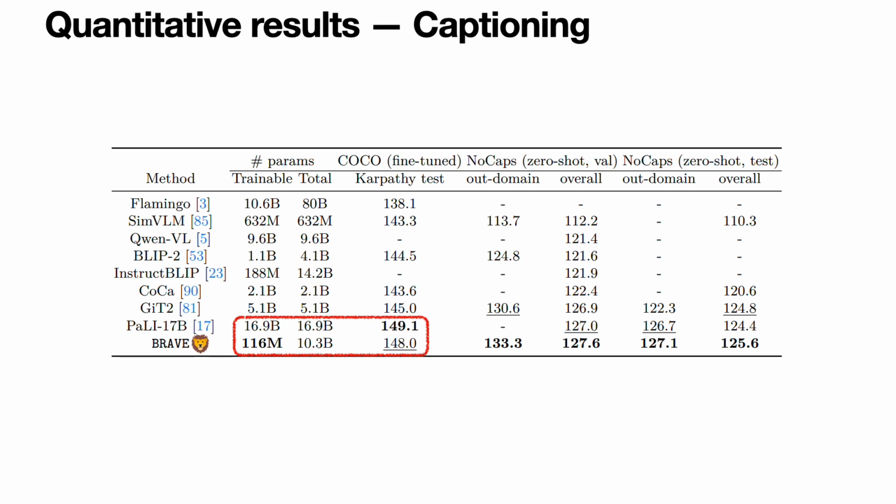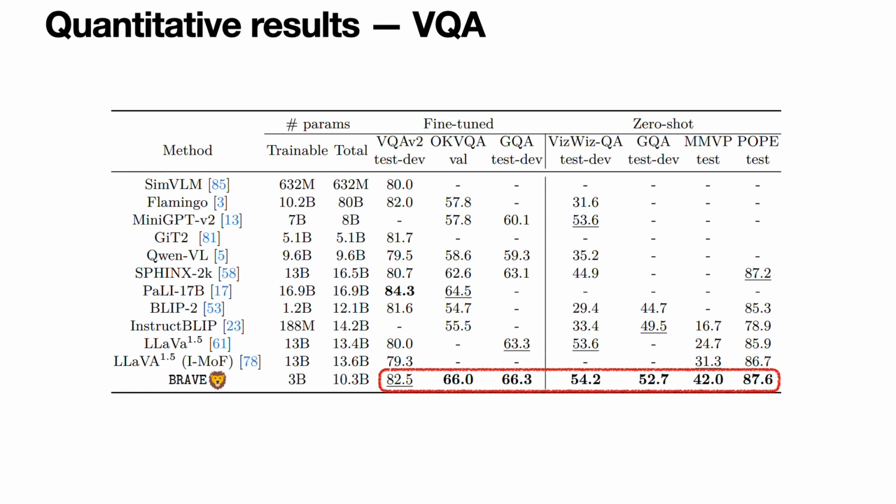Please see the paper for details and comparisons. Similarly, for visual question answering, Brave achieves strong results across the board. Notably, Brave obtains the best performance for 6 out of the 7 evaluations and second best for VQA-V2. Similar to the captioning, this is achieved while having a lower sample complexity than PaLI. Please see the paper for a closer look at the performance.